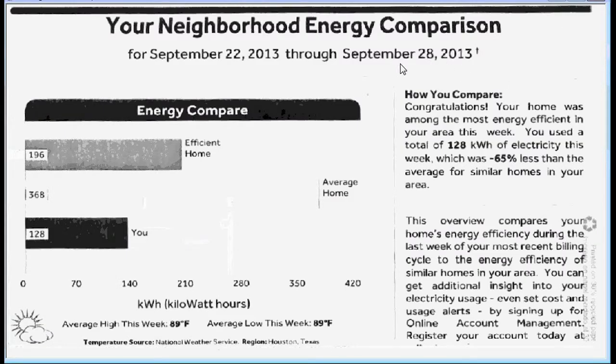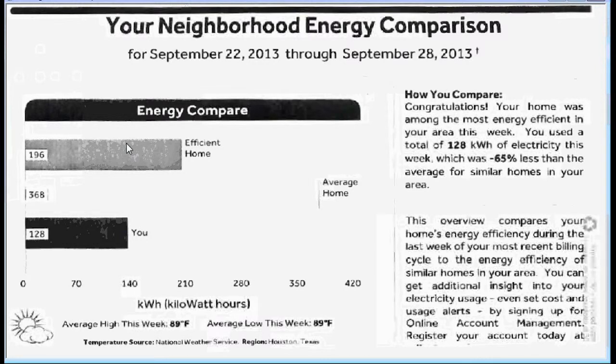So in September, Reliant sent me this neighborhood energy comparison. This is just to show you where I fit within the scheme of comparable homes in my neighborhood, and the amount of energy that I used for this week, September 22nd, 2013 through September 28th, 2013.